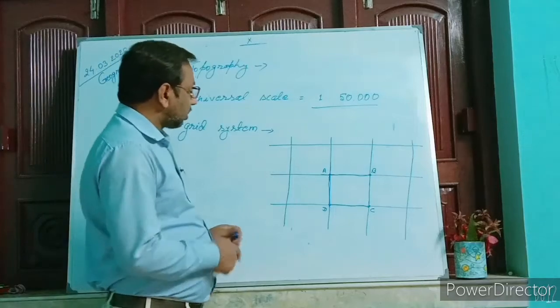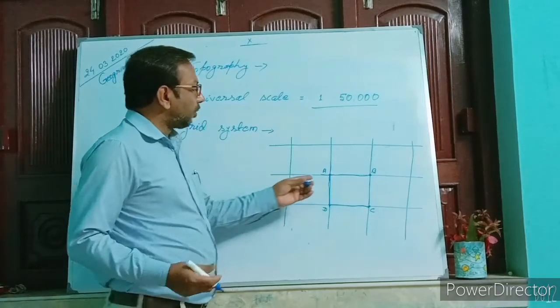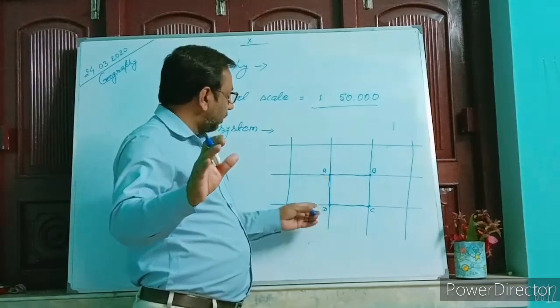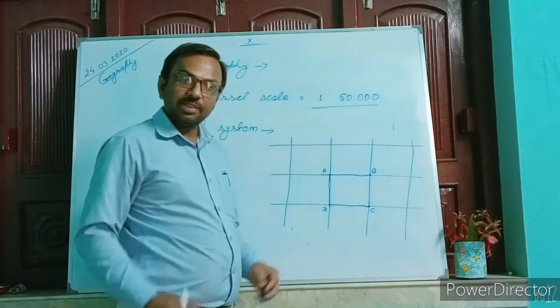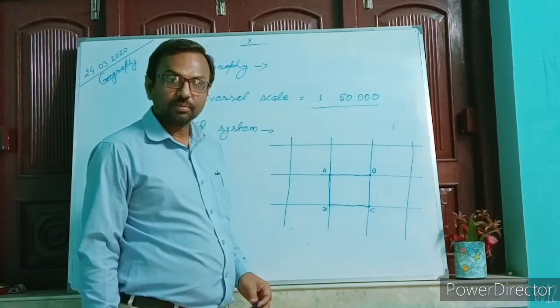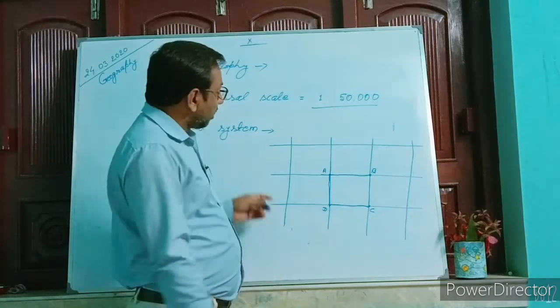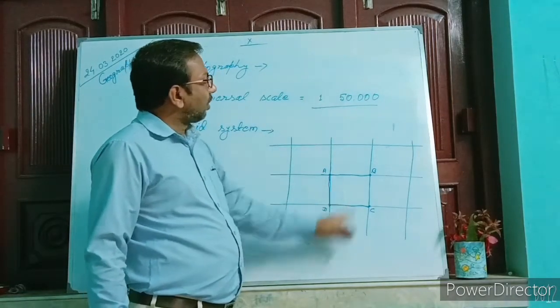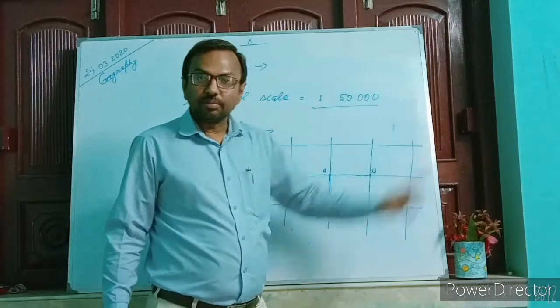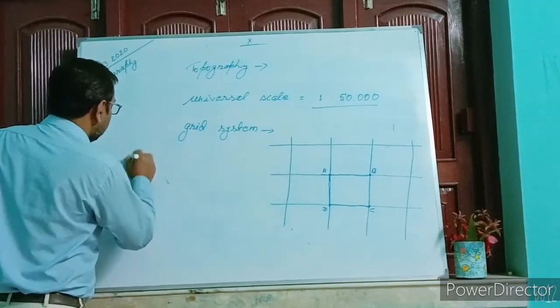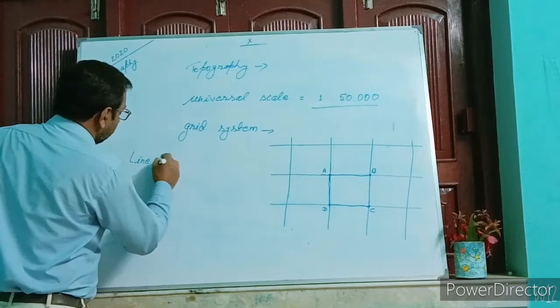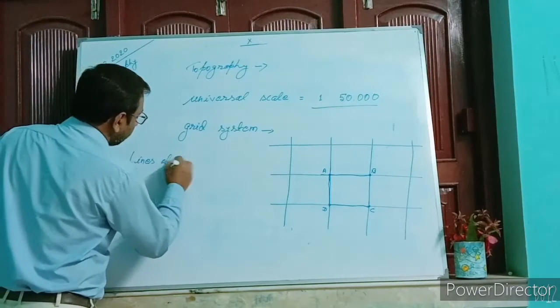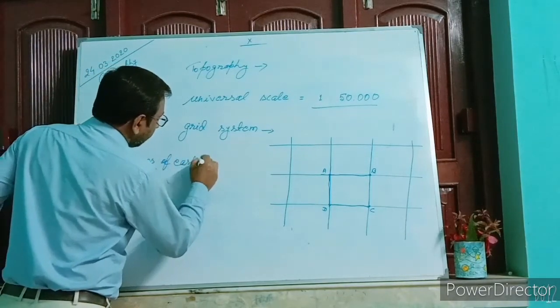To make a grid, there is a very important role of these horizontal and vertical lines. These vertical lines are called lines of easting.